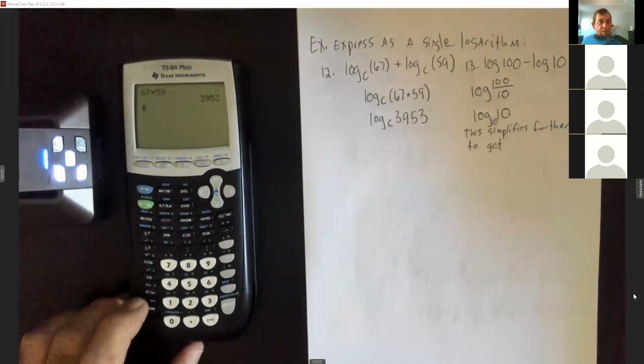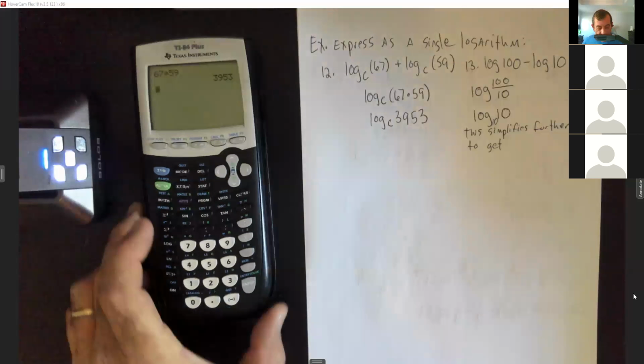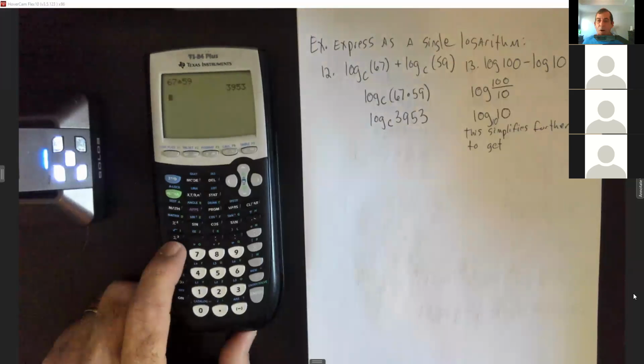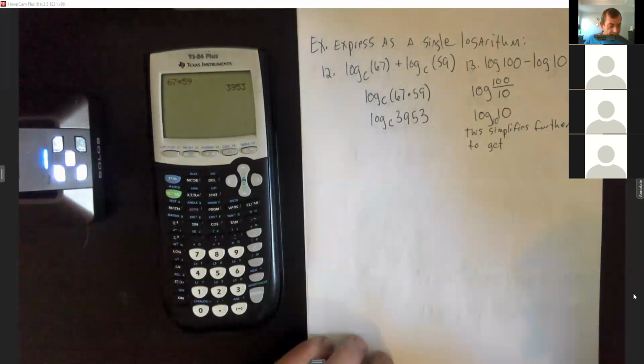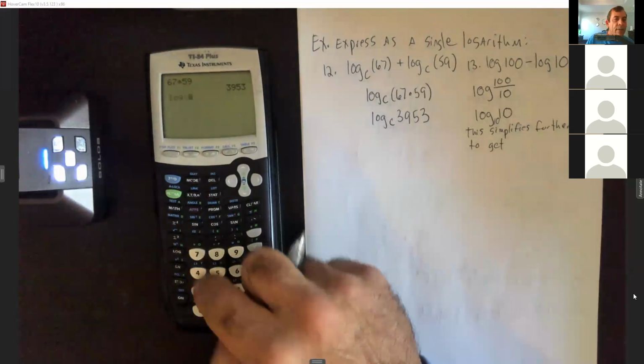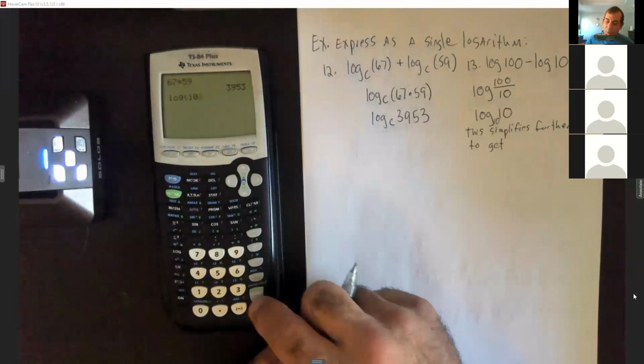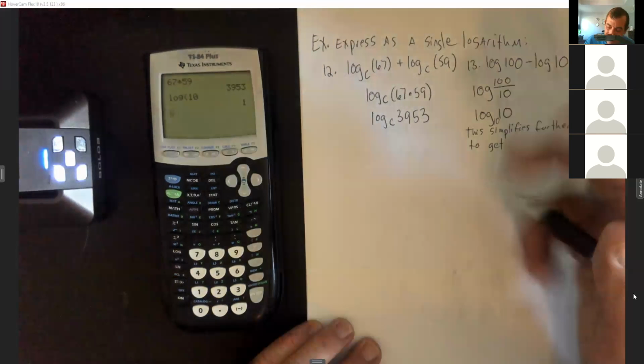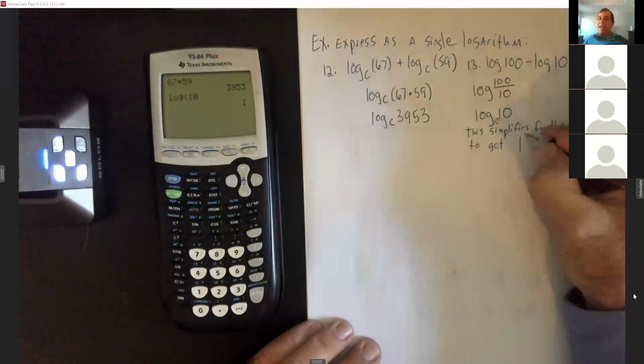And y'all got this powerful calculator here. Any log can be done on the front because that's a log base 10. So just put in a log of 10 and see what you get. So let's see, log of 10, I get 1. So that one simplifies to give me a 1.